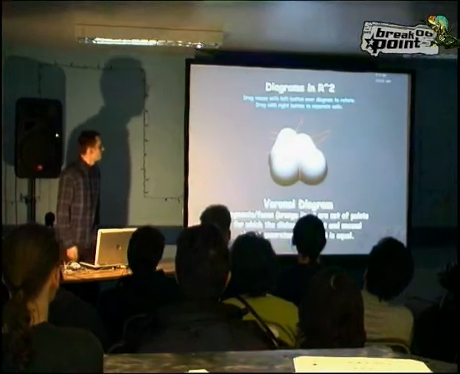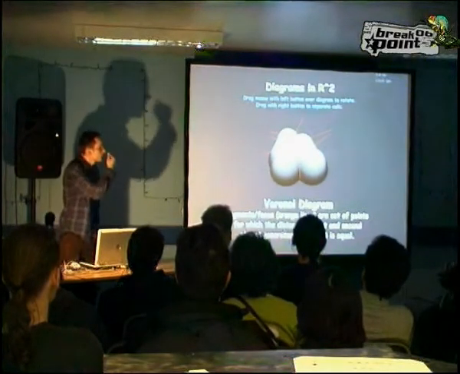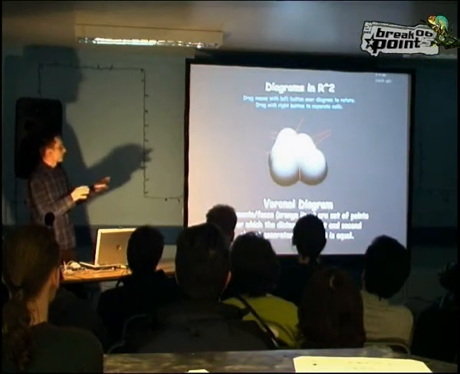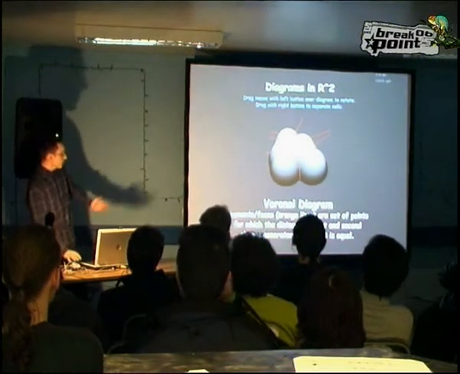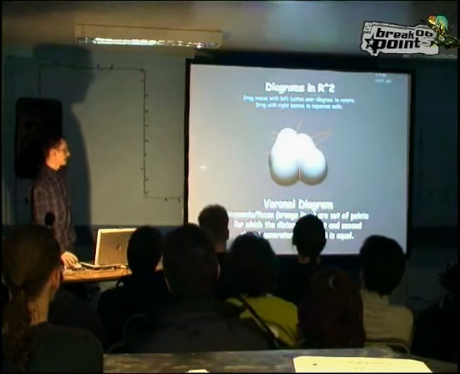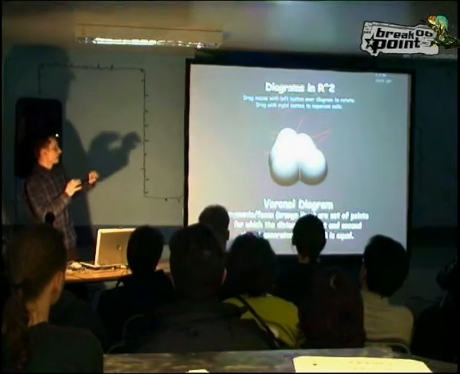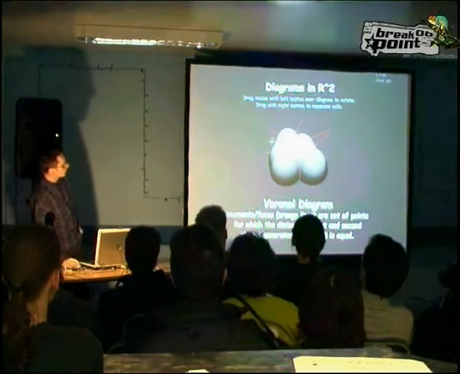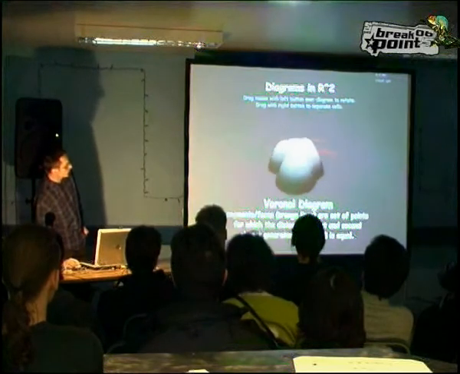Okay, now what is a Voronoi diagram? A Voronoi diagram is defined that way. These are the segments of Voronoi, the orange ones, you can rotate of course.